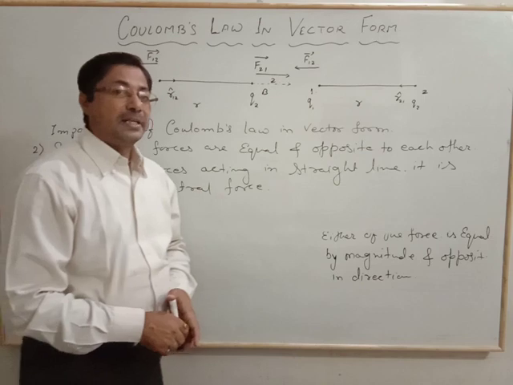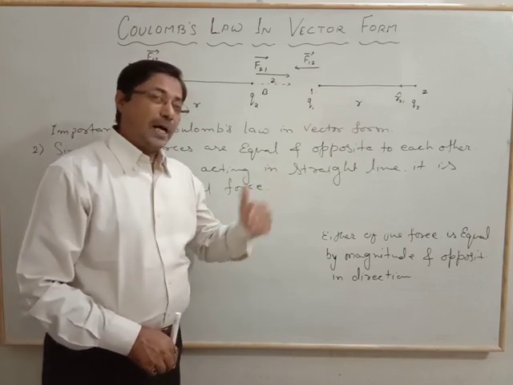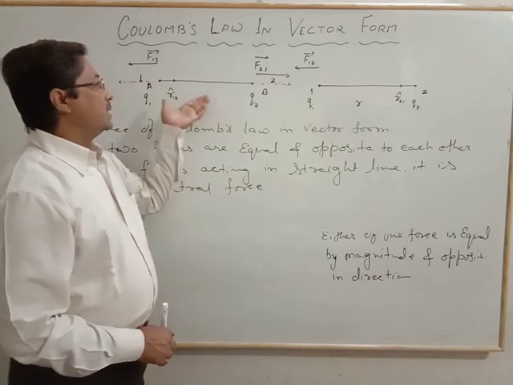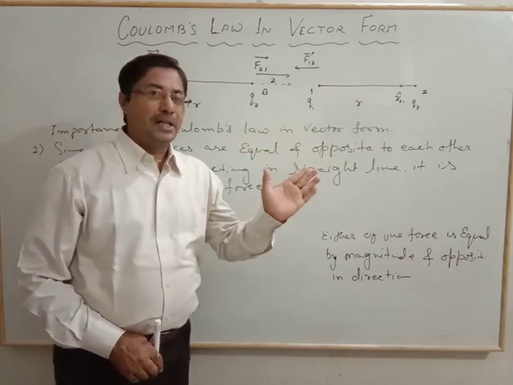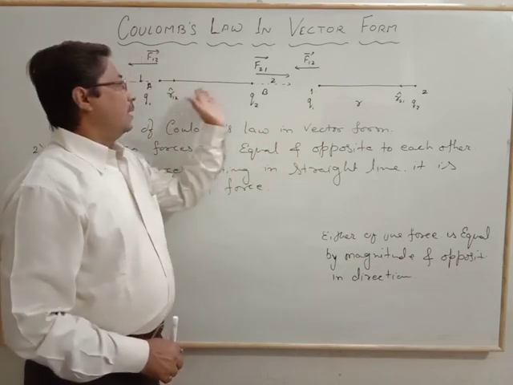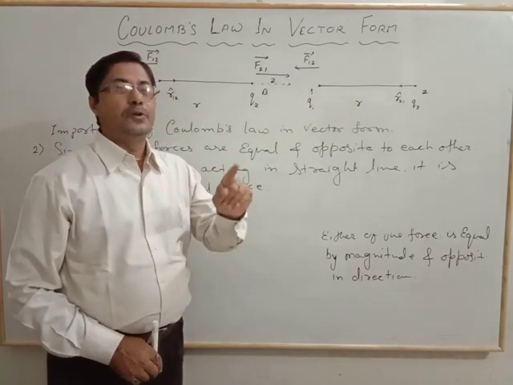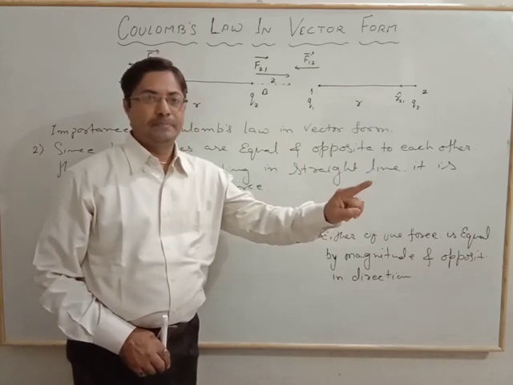By knowing the vector representation, one, the forces acting on either of the charges are equal and opposite, and the next one is the force acting in a straight line, that means it is a central force. It is not a tangential force, it is a straight line force from the center of one charged particle to the center of the other charged particle.